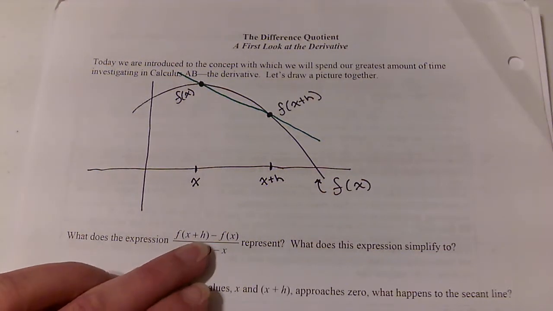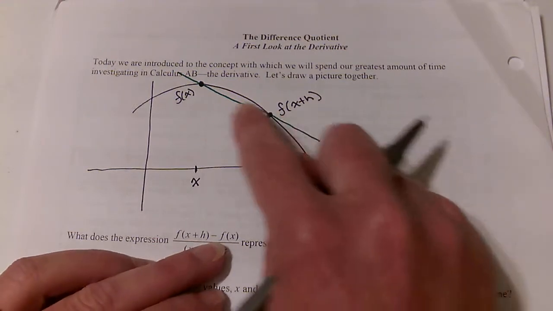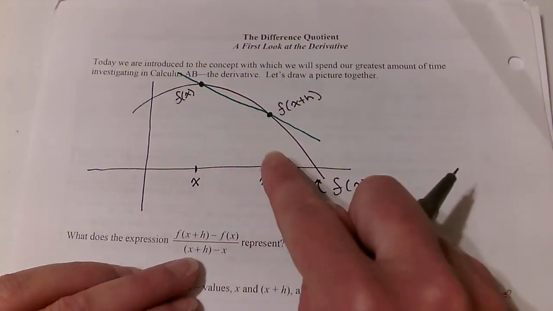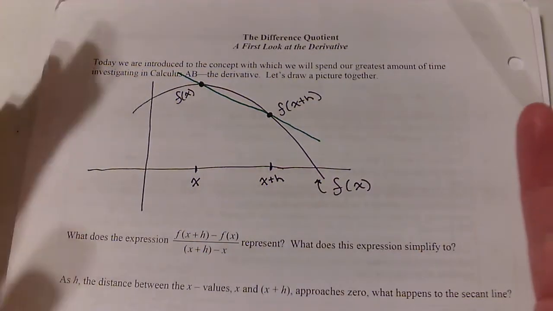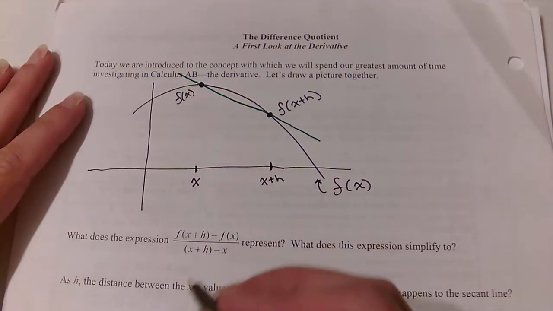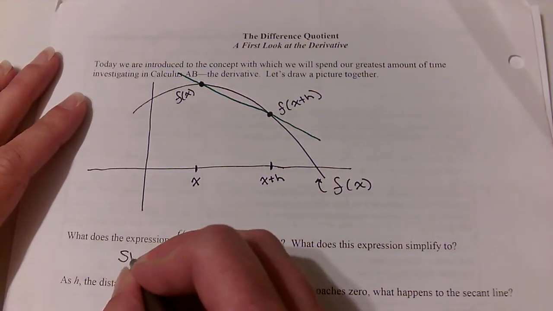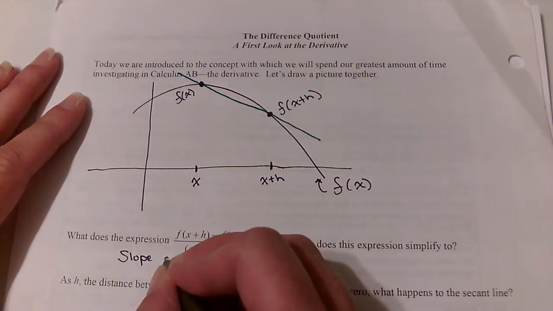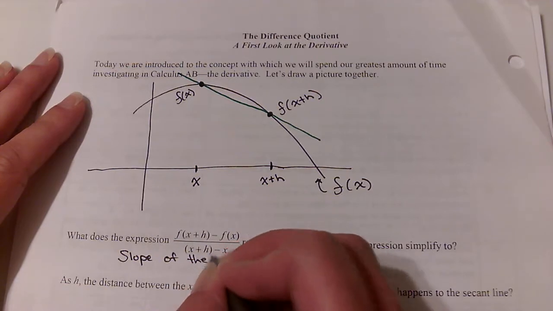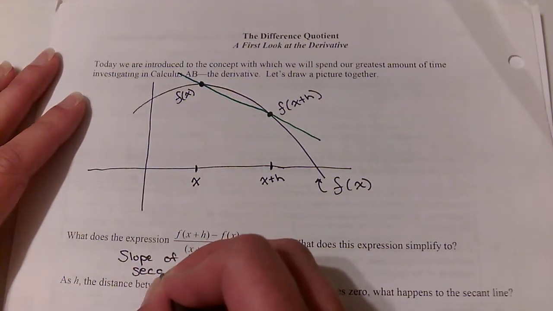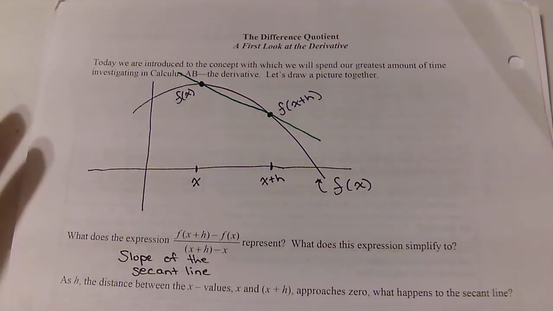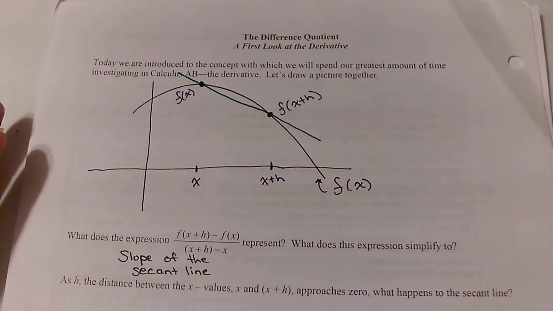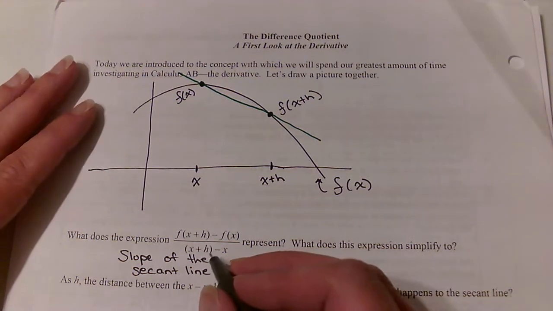So if we took f of x plus h minus f of x over x plus h minus x, what is that representing? Well, that's representing the slope of the secant line. Now, how could this simplify?